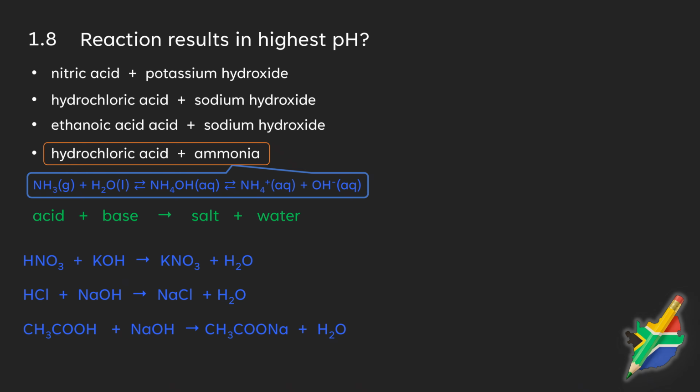Weak bases dissociate partially into their ions, and in this case ammonium ions and hydroxide ions. So we could write the equation like this. Hydrochloric acid reacts with the base ammonium hydroxide to form the salt ammonium chloride and water. All of these equations are balanced with a 1:1 mole ratio of acid to base.